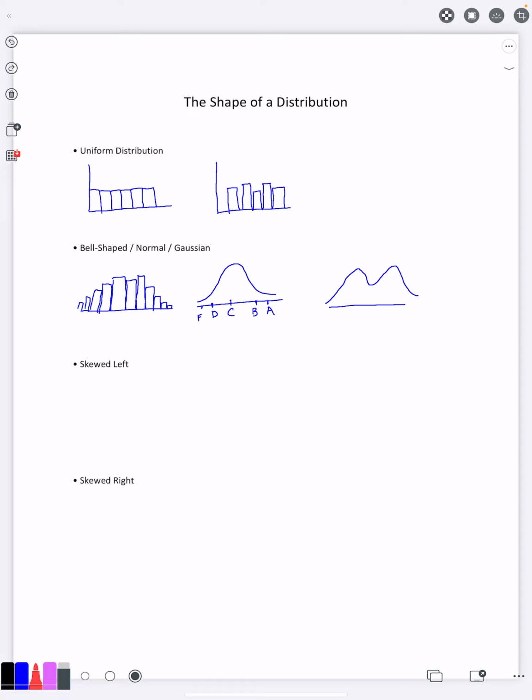I'm mentioning that right now because it's related to what we're talking about, but I want to cross it out because it is not bell-shaped, normal, or Gaussian when you have two separate humps. Bimodal is not going to be included in this category. You should only have one main hump right in the middle of your graph in order for it to be a normal distribution, a Gaussian distribution, a bell-shaped distribution, or a bell-shaped curve, any of those words.